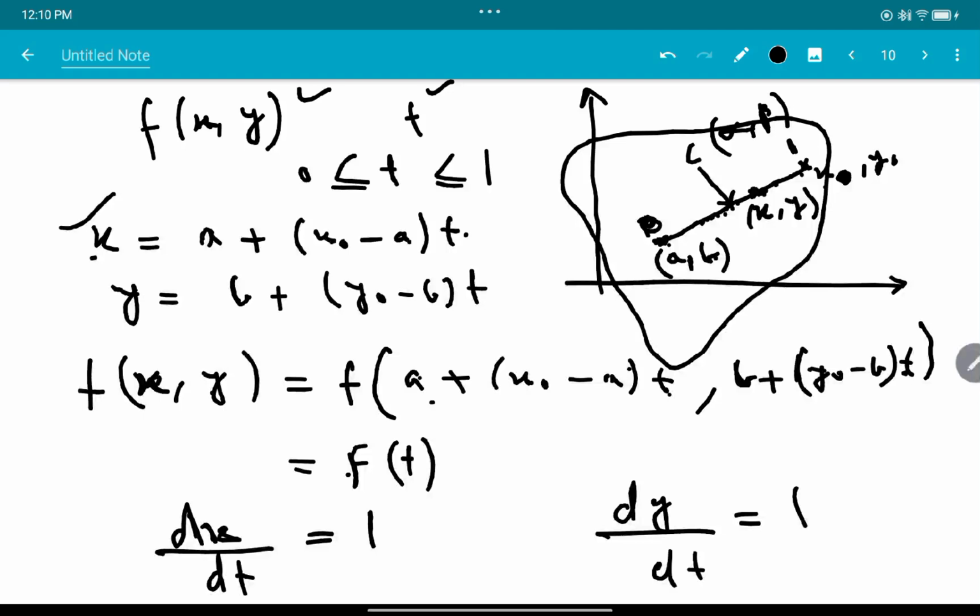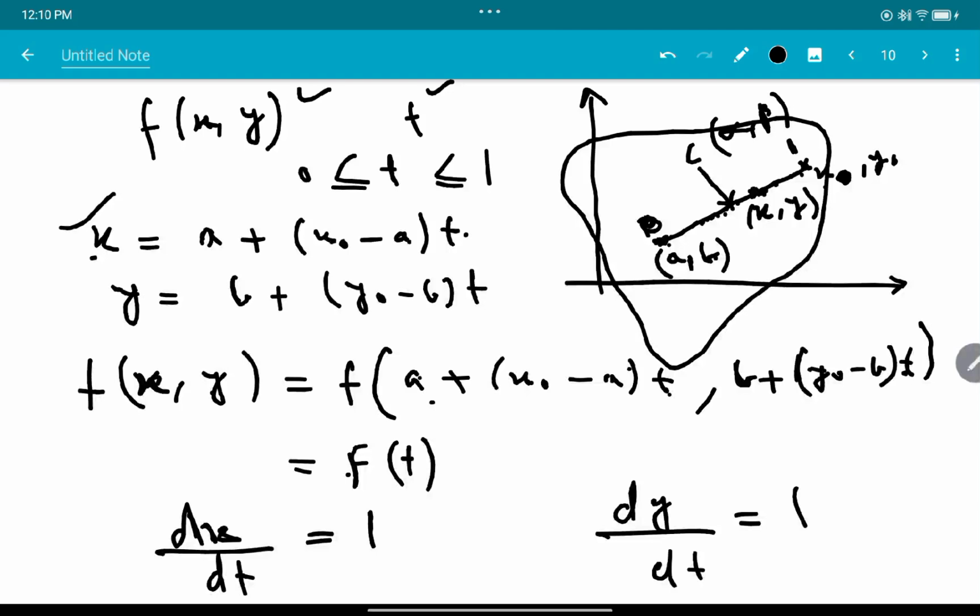Is it okay? Are we proceeding ahead rightly or not? So we will have this df by dt, it is okay, it seems quite okay.